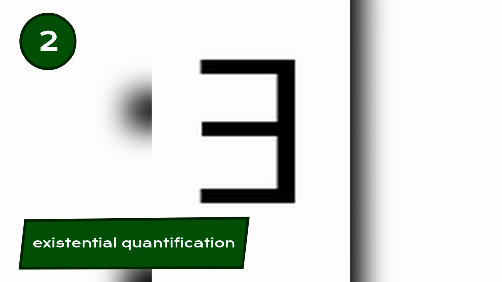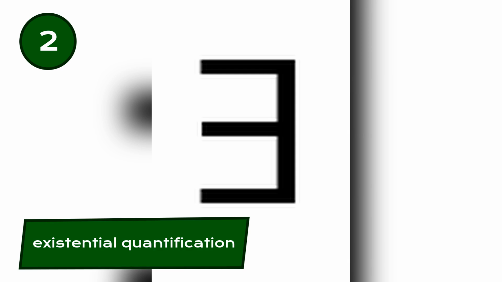Number 2. Existential quantification. In predicate logic, an existential quantification is a type of quantifier, a logical constant which is interpreted as there exists, there is at least one, or for some. It is usually denoted by the logical operator symbol there exists, which, when used together with a predicate variable, is called an existential quantifier.